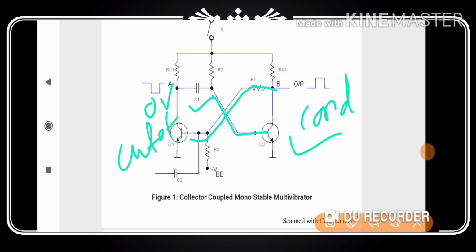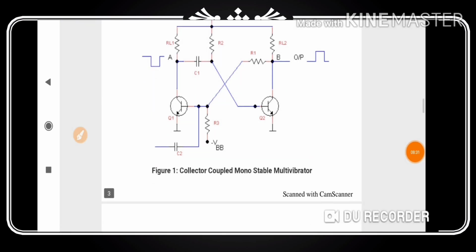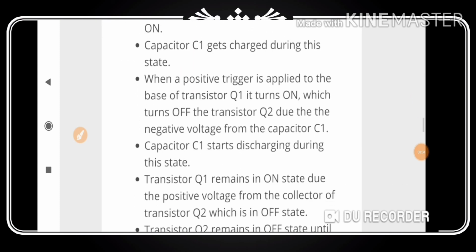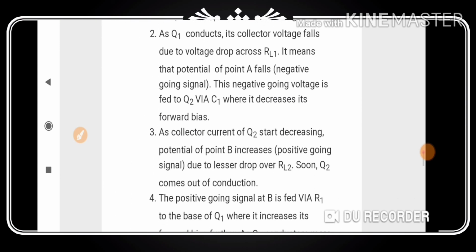It remains in this state until another trigger pulse is applied to the circuit, and this entire cycle repeats itself. This is how a square wave is generated with a stable state and a quasi-stable state. This is the working and operation of the monostable multivibrator.